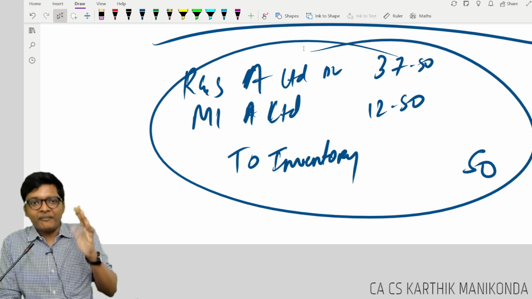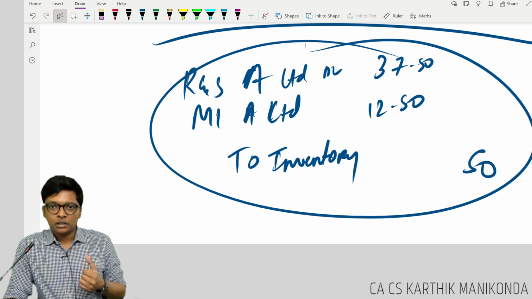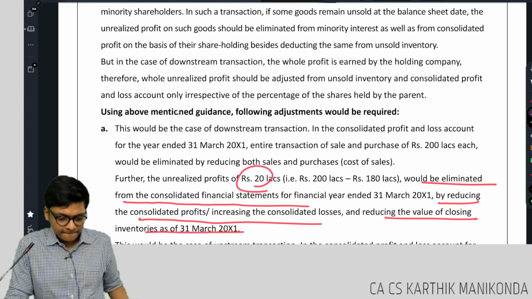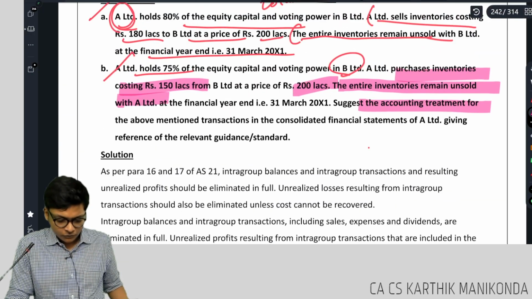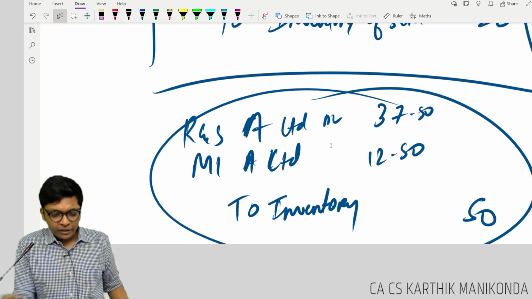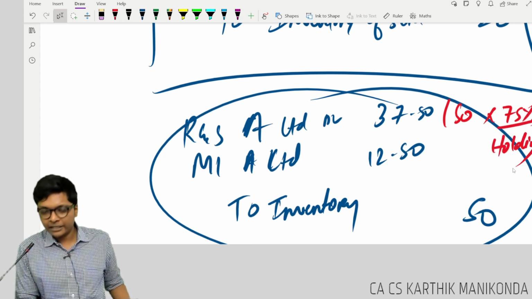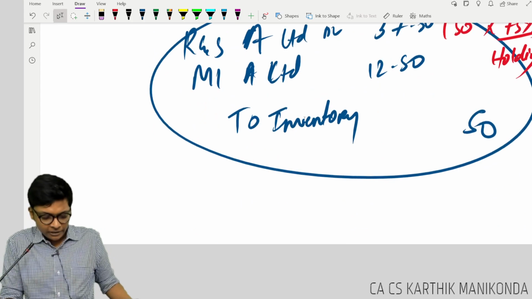Basically, the logic is where should I reduce? Are you getting that? How did 37.5 come? Take your calculator, take 50 into 75%. 75% is the share of holding. So 37.5. Okay.